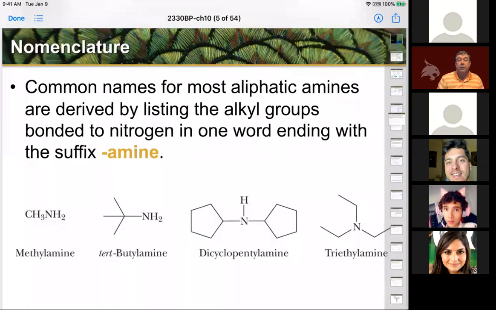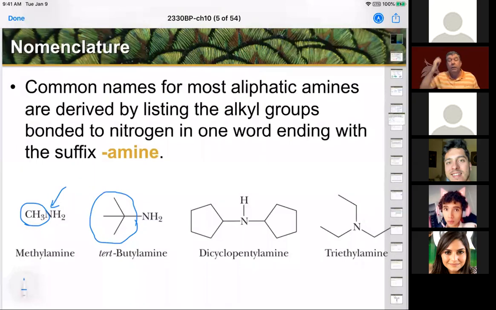If we had just an ethyl group, we'd call it ethylamine. If we just have one group, we say whatever it is and add the word amine at the end. Now, if you have 2 things and they're the same, you can use di with whatever that pendant group is and then amine at the end.